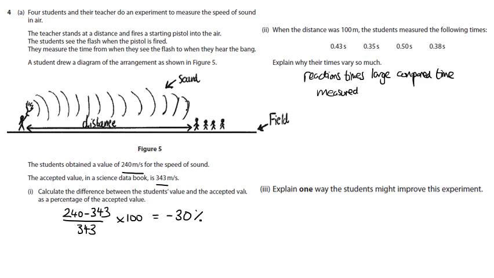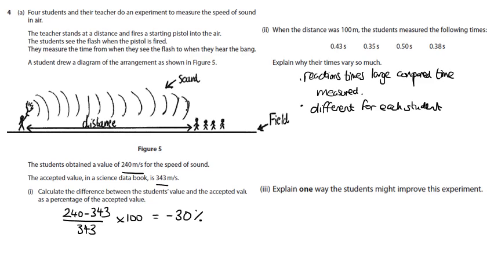Human reaction times might be 1/10 or 2/10 of a second, so that's quite large compared to these. And the other reason is that the reaction time is different for each student as well.